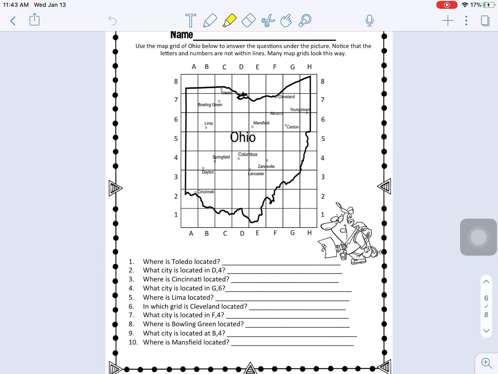Look on your map here. Toledo, I'm going to find it right here. There is Toledo. So now that you know where Toledo is, what do you think their answer would be?